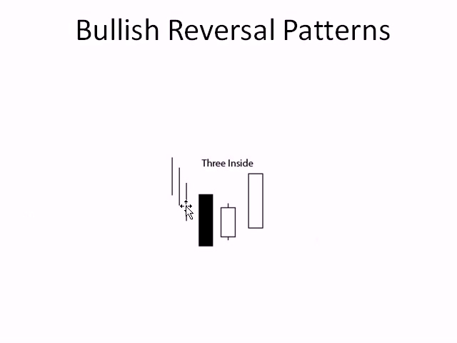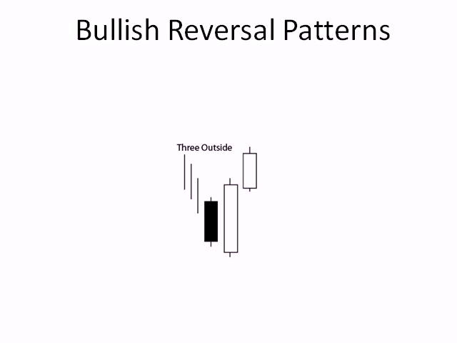Three inside: a move down here, then a candlestick that opens and closes higher within the bearish candlestick's real body, and then here's the beginning of your move right here. It's called three inside up. Three outside: we have a move down, open, close down low, a little move down here.